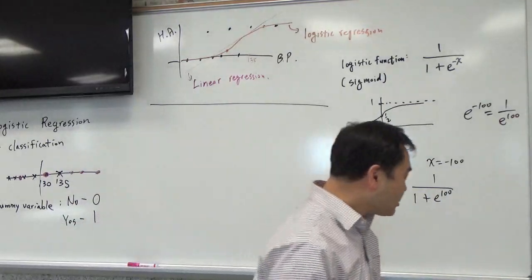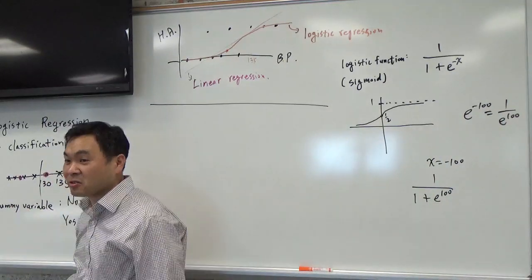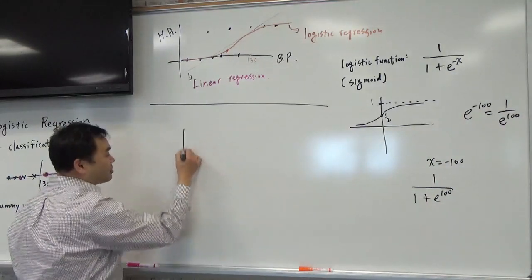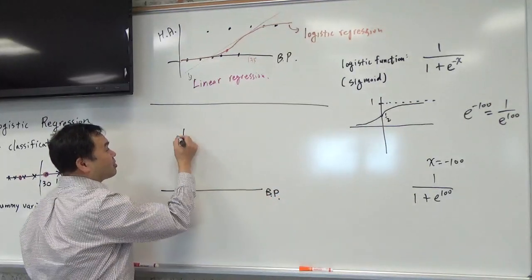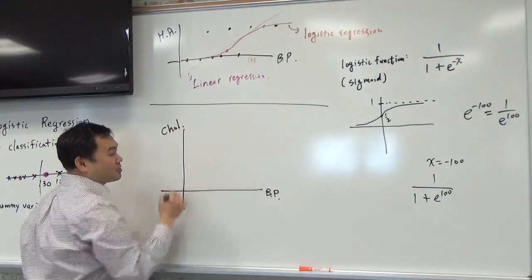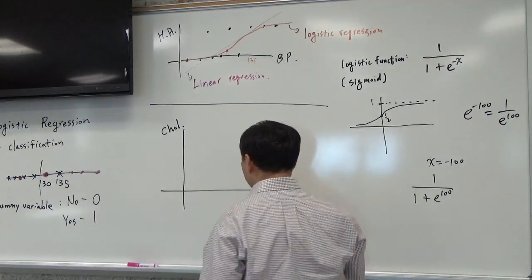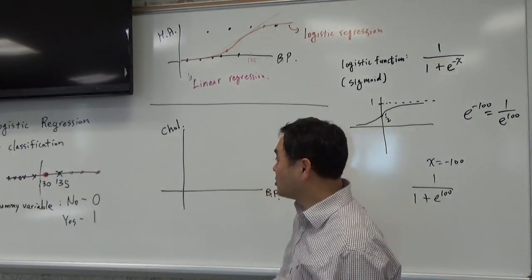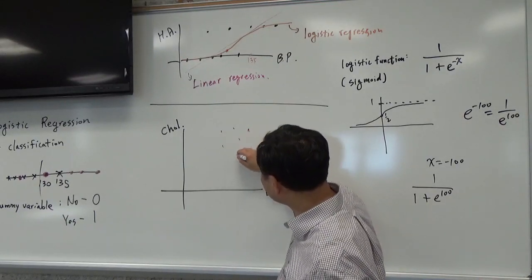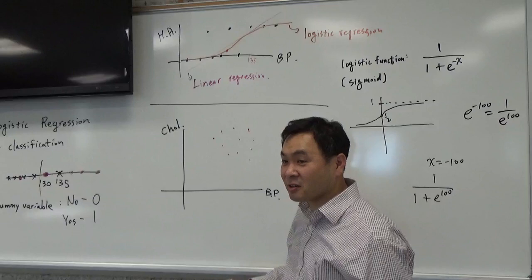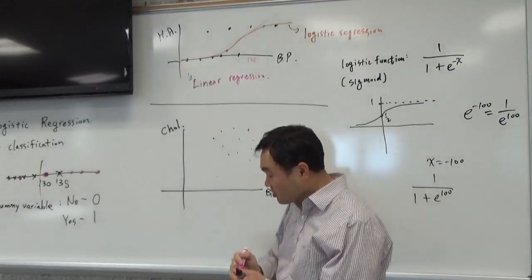The harder case is when you have many predictors. So, for example, now think about the case when you have blood pressure versus cholesterol level. So there should be some people who have had incidents of heart attack here, maybe some here, just outliers.